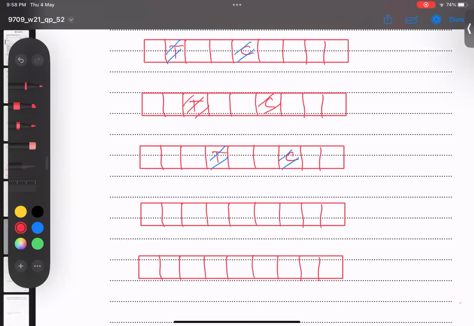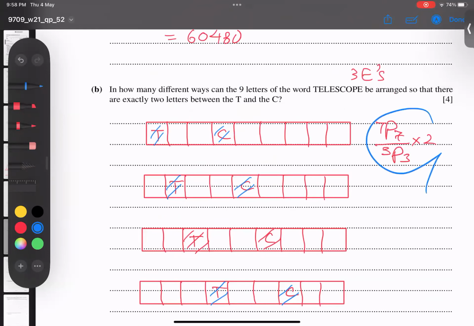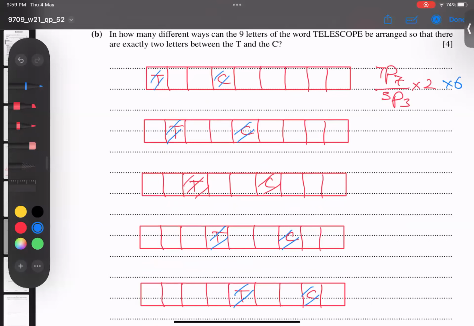And the next option, T comes here and 2 spaces, C comes here. And the last option, T comes here and 2 spaces, and then C comes here, again a block. So either you write this for every position, or you can simply say multiply by 6, because it is giving you the same answer. So let me check.